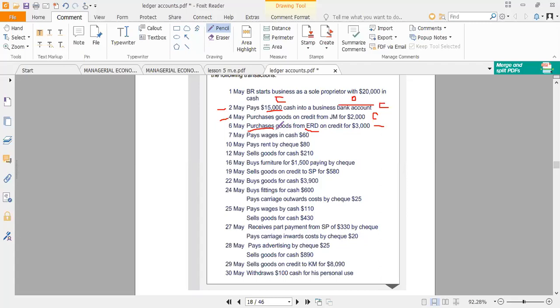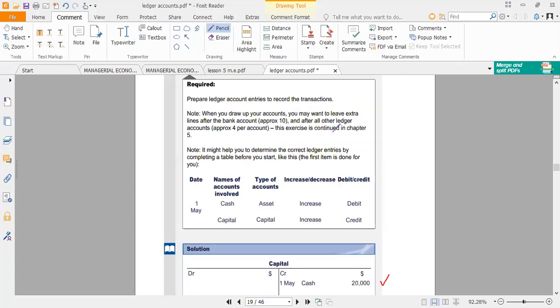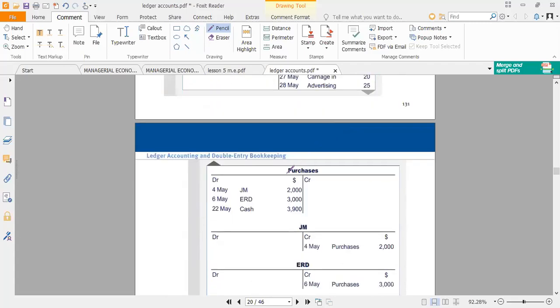So purchases always have a debit balance and creditors have a credit balance. So we're going to open purchases account and ERD account. So we go here under purchases, we have ERD 3000. So we open ERD who's a creditor, we put purchases 3000. So you know for every debit entry, there should be a corresponding credit entry. This is what we call the duality concept.